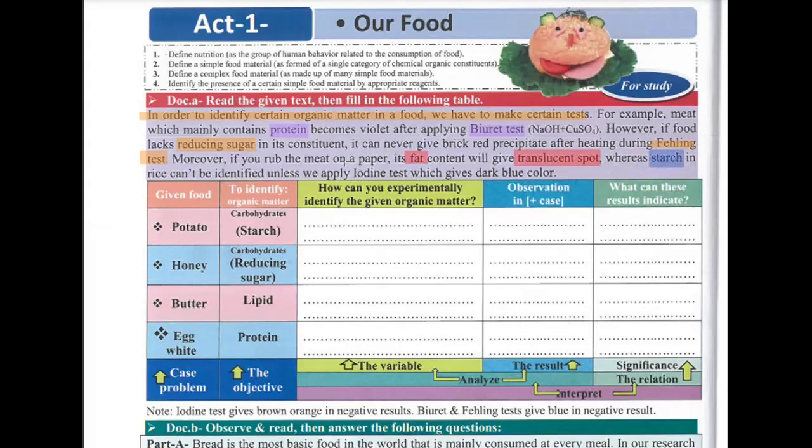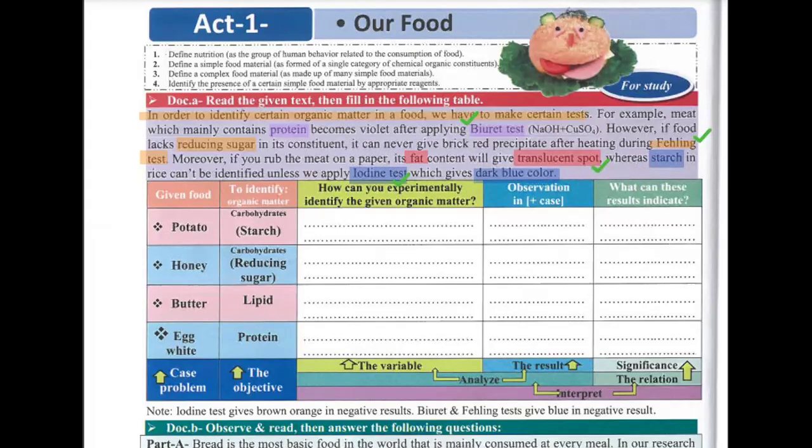So we do the iodine test, which gives a dark blue color. Okay, 4 different tests: biuret test for proteins, Fehling test for reducing sugars, translucent spot test for fats, and iodine test for starch.